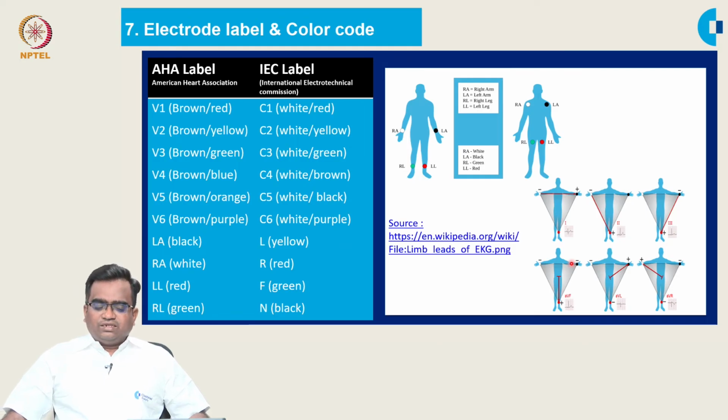For limb leads, L is yellow, R is red, F is green, and N is black.